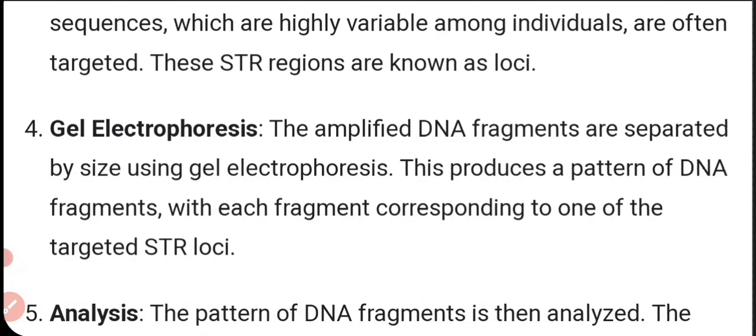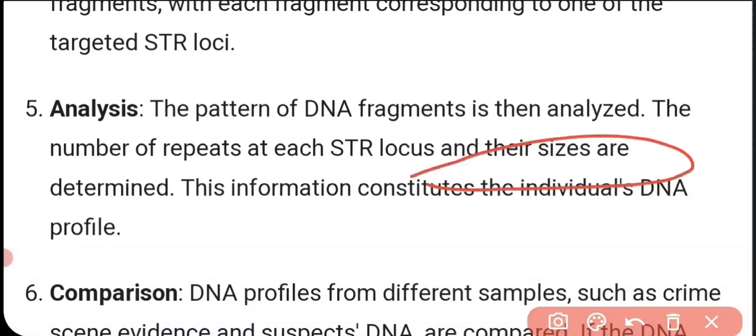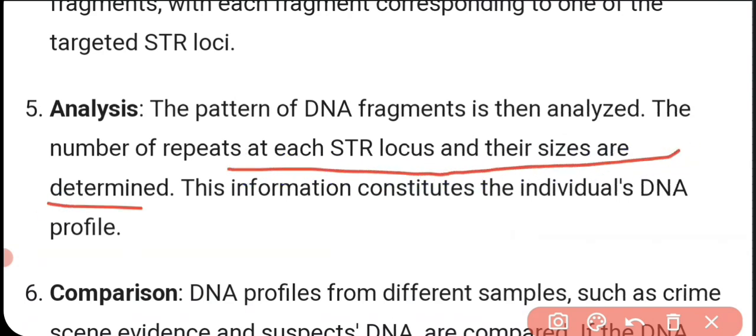After we amplify or increase the number, that increased quantity of those patterns will go for gel electrophoresis. Okay. Then what analysis will be done? Analysis: the pattern of the DNA fragments is analyzed. The number of repeats at each STR locus and their sizes are determined. This information constitutes the individual's DNA profile.